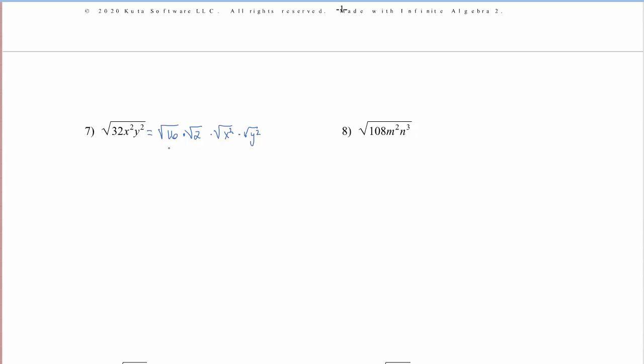So the square root of 16 is 4 times the square root of 2. The square root of x squared just becomes x. And the square root of y squared is just y. Outside, outside, and outside. So on the outside we should be left with 4 times x times y, and then on the inside we're left with the square root of 2.